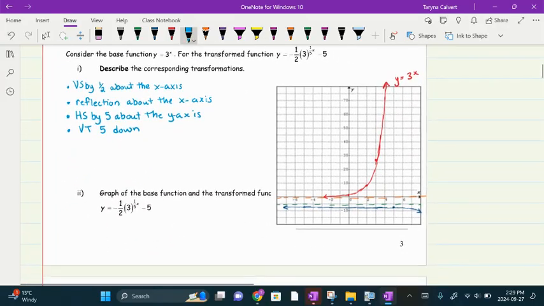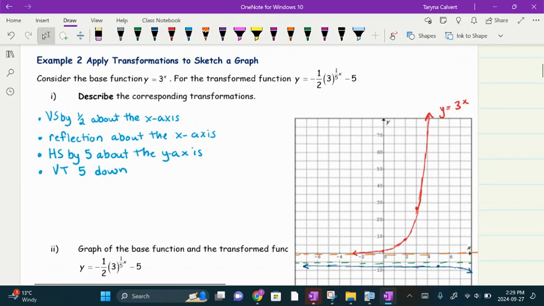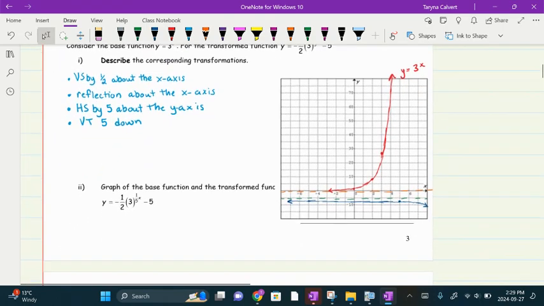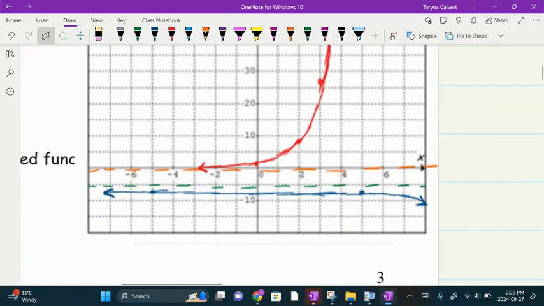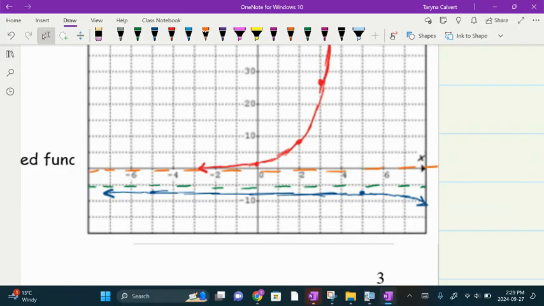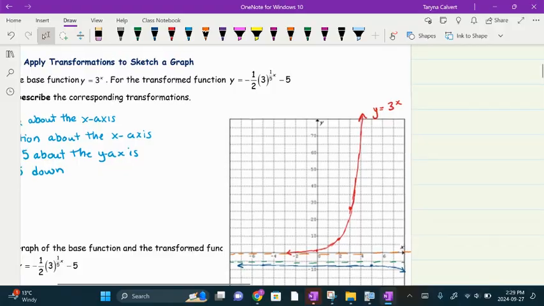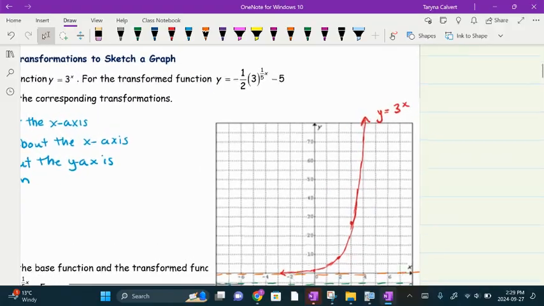So what I would hope, when you graph these, now that you know this, with this second one, where am I putting my dotted line? Kind of got moved, but the dotted line is at -5. Because did it have a vertical translation of 5 down? Yes.